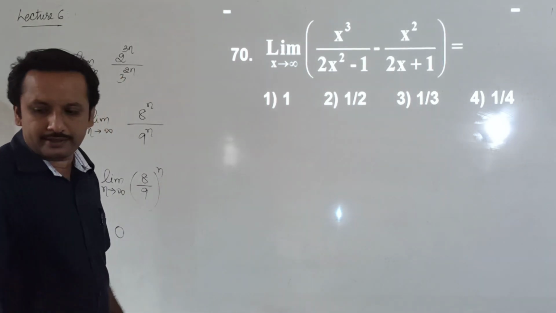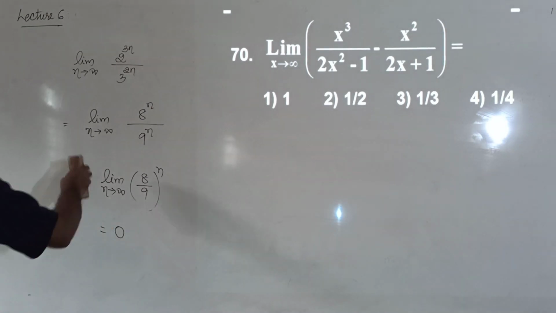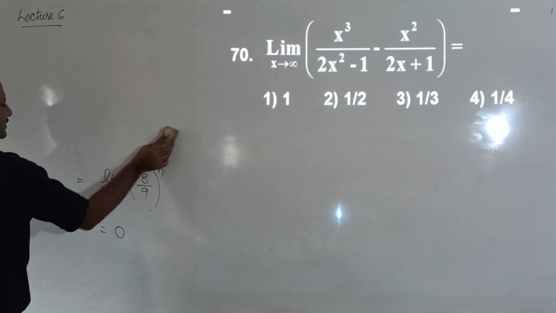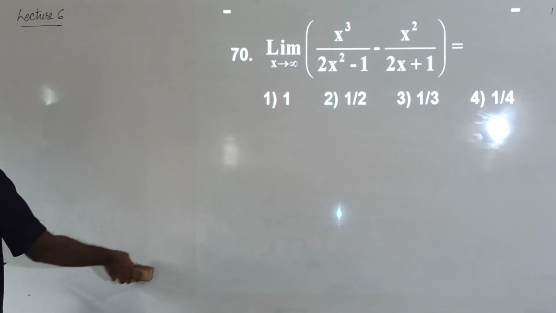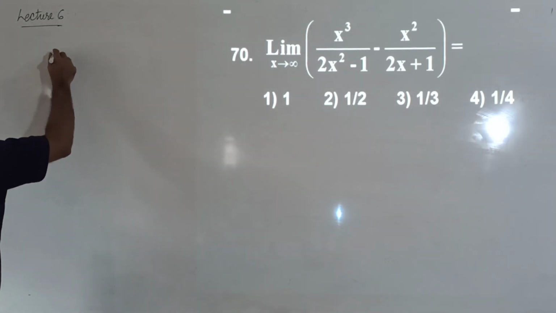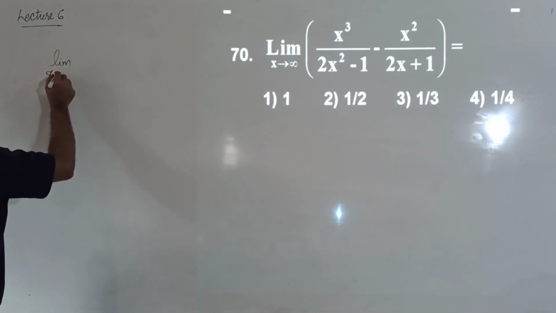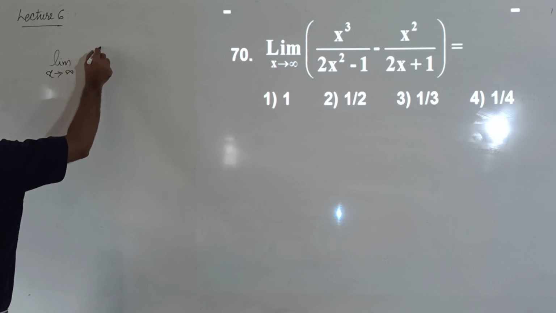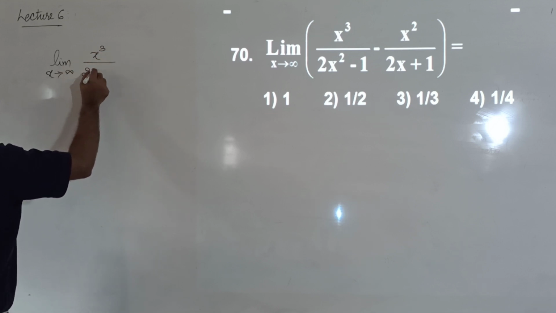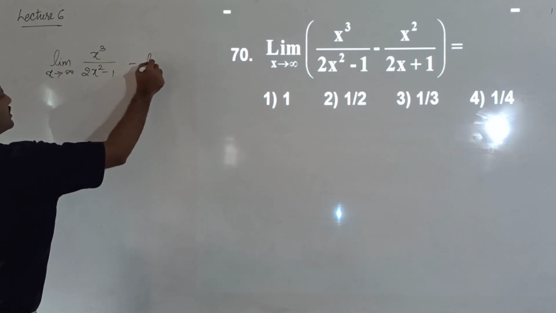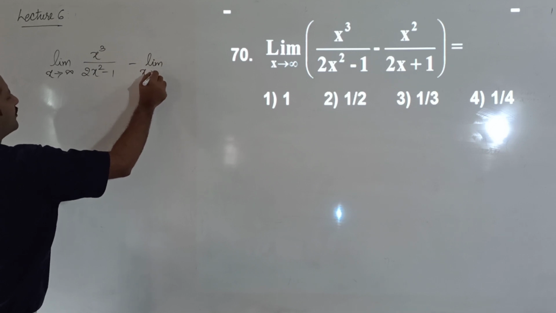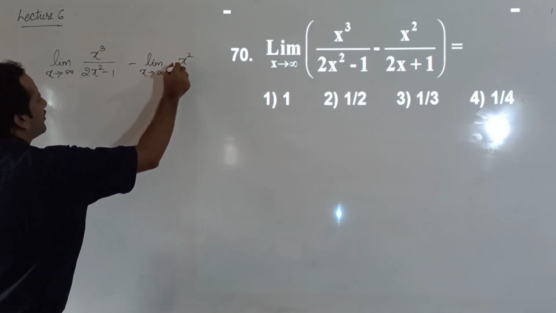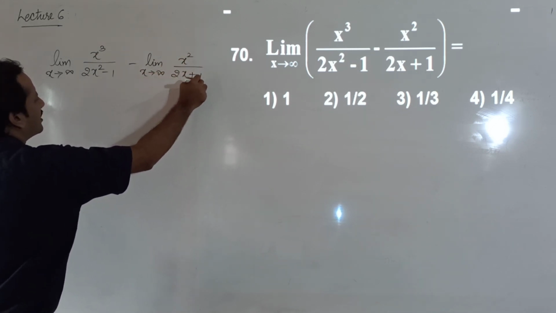You can write the given problem as limit x tends to infinity x cube by 2x square minus 1 minus limit x tends to infinity x square by 2x plus 1.